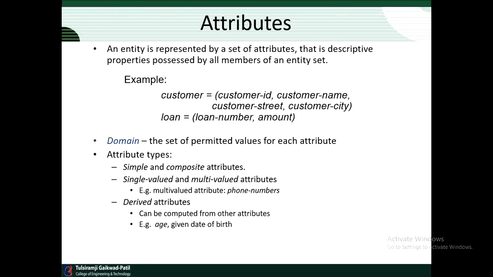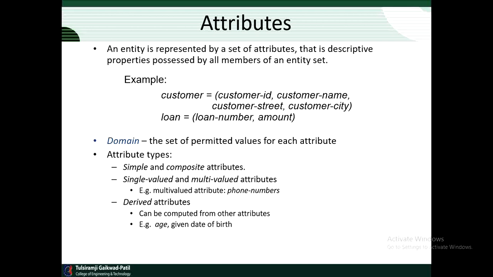Then we will see about attributes, what attribute means, and what is the use of attributes in the database management system or in the entity relationship. An entity is represented by a set of attributes, that is, descriptive properties possessed by all members of an entity set. So each and every entity is represented by a set of attributes.